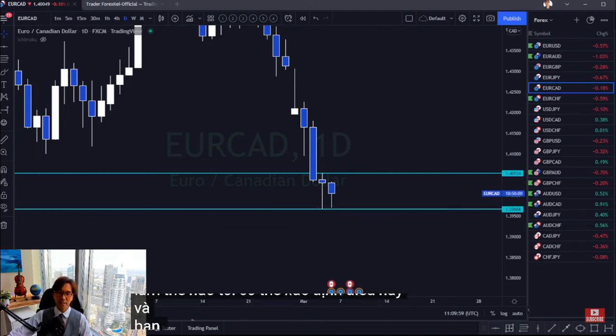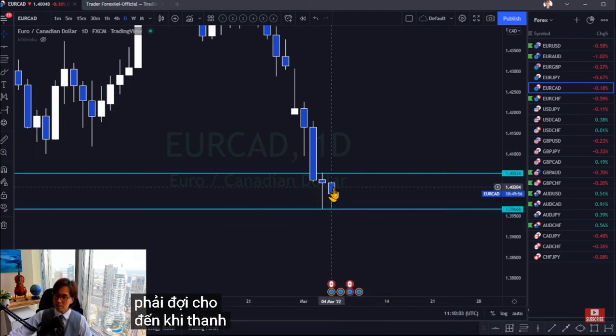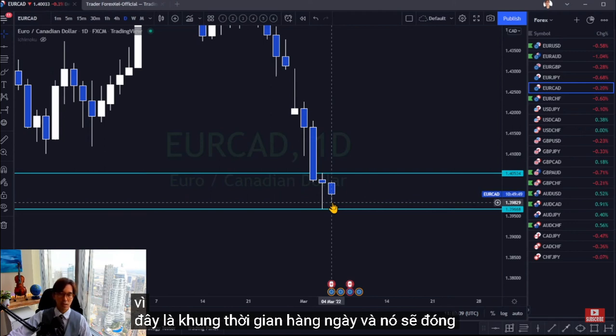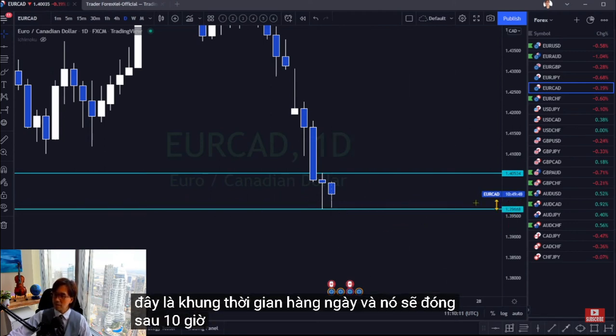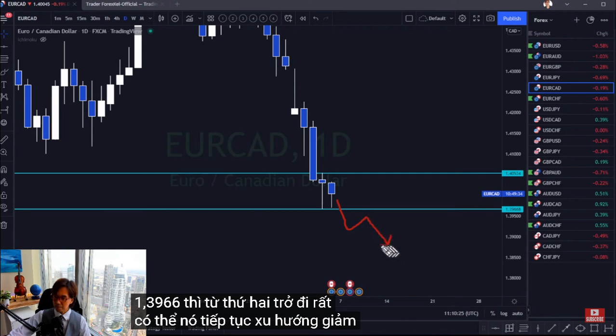And you know the answer now already. You have to wait for this candlestick close because this is a daily time frame and it closes in 10 hours. So if it closes below the pin bar, which is the 1.3966 level, then from Monday onwards, most likely it continues to be a downtrend.